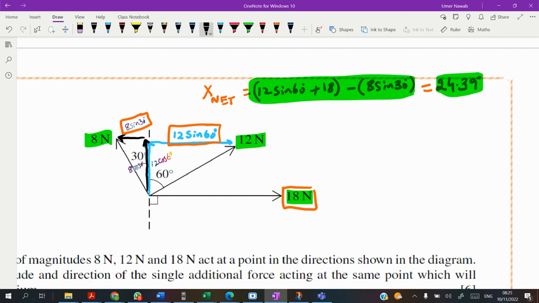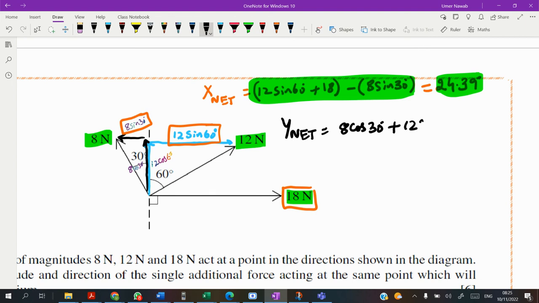Now let's try to get the y net. The y net is two forces upward. Yeah, just two forces upward. So 8 cosine of 30 degrees plus 12 cosine of 60 degrees. I'm going to write the equations very carefully. I don't want to make any mistake now.